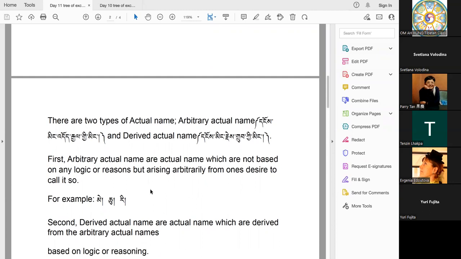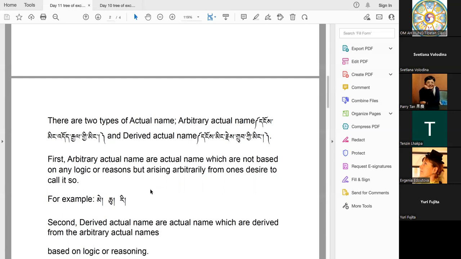When we say arbitrarily, it's arising randomly from one desire to call it so. So at the very beginning, if the one who actually invented the spoken language wanted to name Me, sorry, water as Me and Chu as fire, it would have been that way for now.